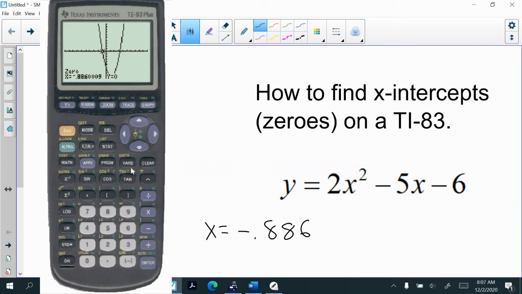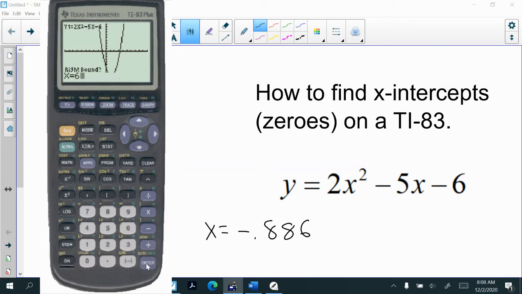Now let's try and do the exact same thing, except with my point over here. So I'm going to go second, trace, which is the calculate feature, and once again, I'm going to pull up 2. Once again, I need to tell it where to look. Let's say that the left border is going to be 2, because I can say that this is definitely left of 2, and to the right, I don't know, 6.